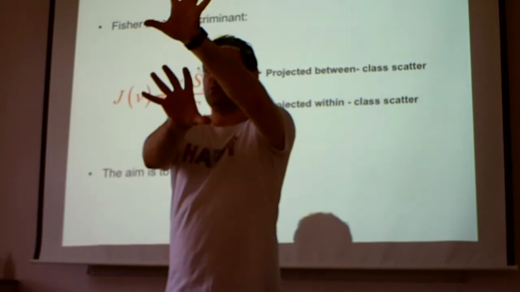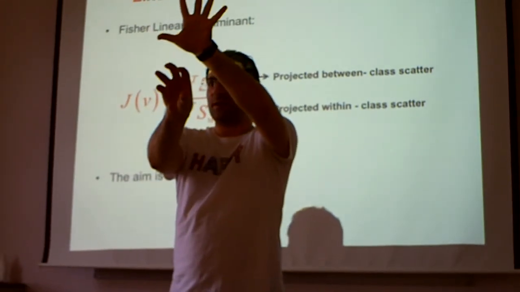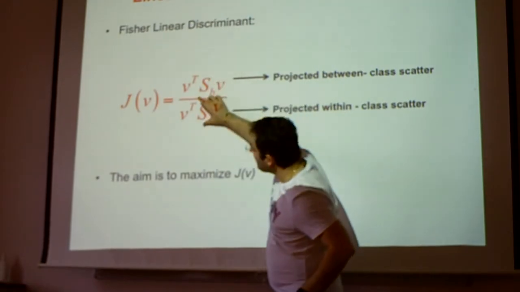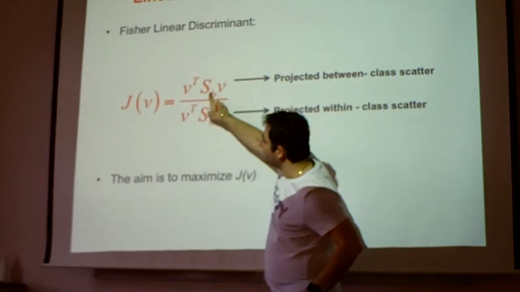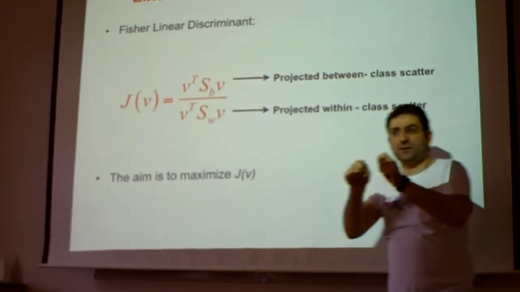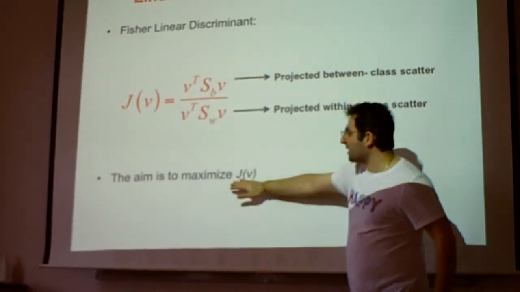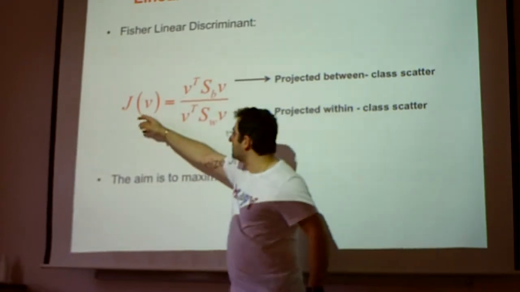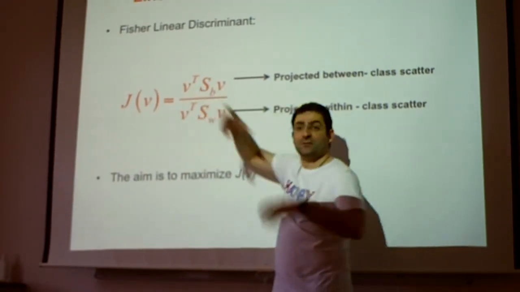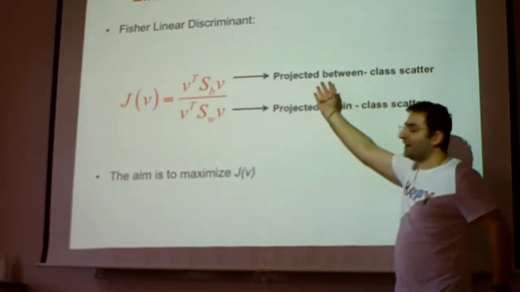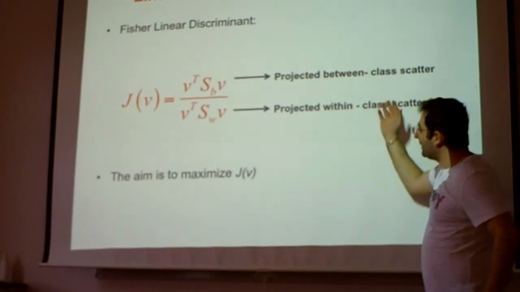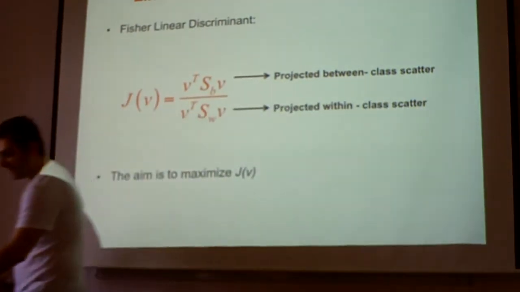You want the numerator big, the denominator very small, right? So I want this one to be big, this one very small. So it means that between the classes big, within classes very small. If I do it, I will start to maximize J. So the whole aim is to maximize J, which will automatically result in increasing the between class distance and decreasing the within class distance.